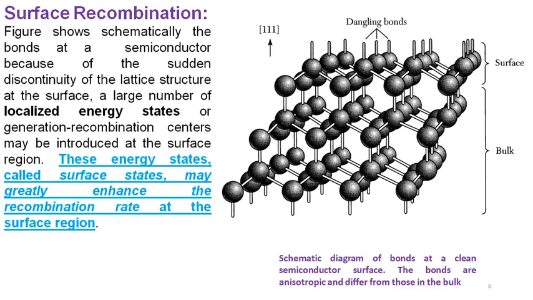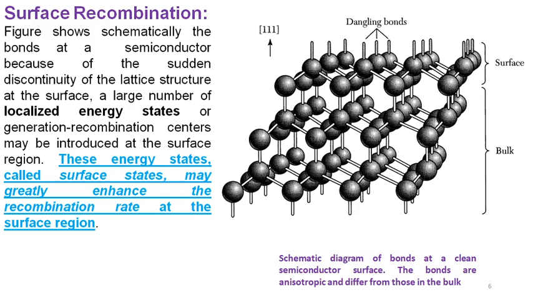Then we go to another process in the indirect band gap semiconductor, that is the surface recombination process. This surface recombination process is very important when we are concerned about the optical properties of a material. As shown in the figure here, there are dangling bonds in a material.